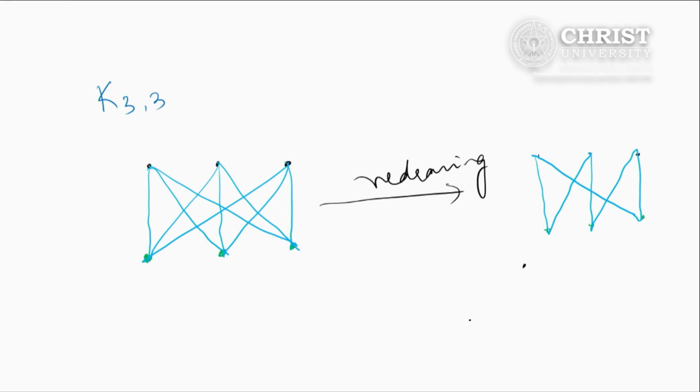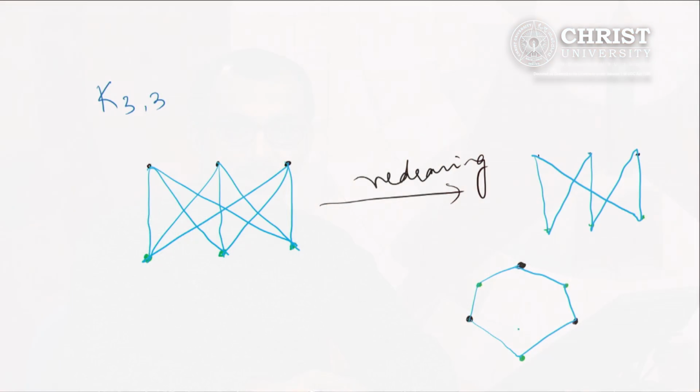Now let us see what happens if we put edges between them. Okay, so far it's fine, but now we put another edge between a black and a green vertex. If we take the edge from the outer region, then there is no crossing of edges. Still fine, no crossing, but we have one more remaining edge.